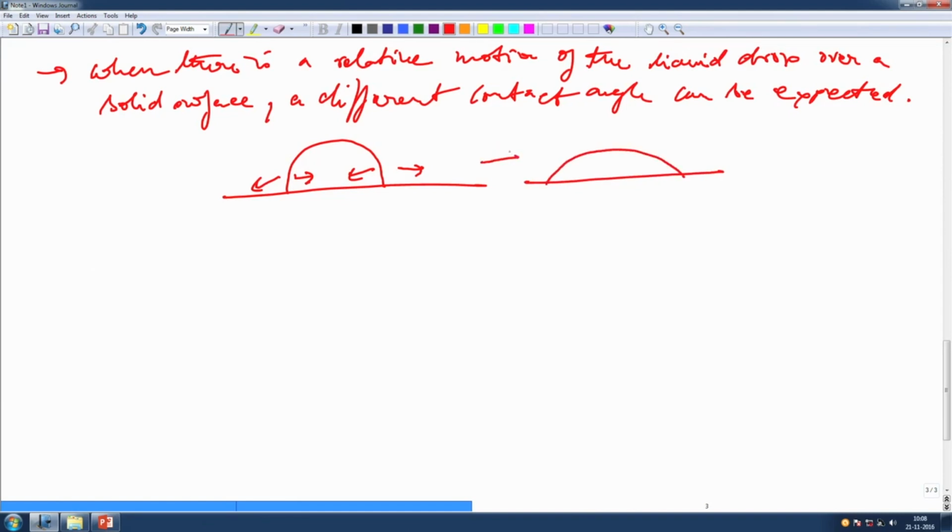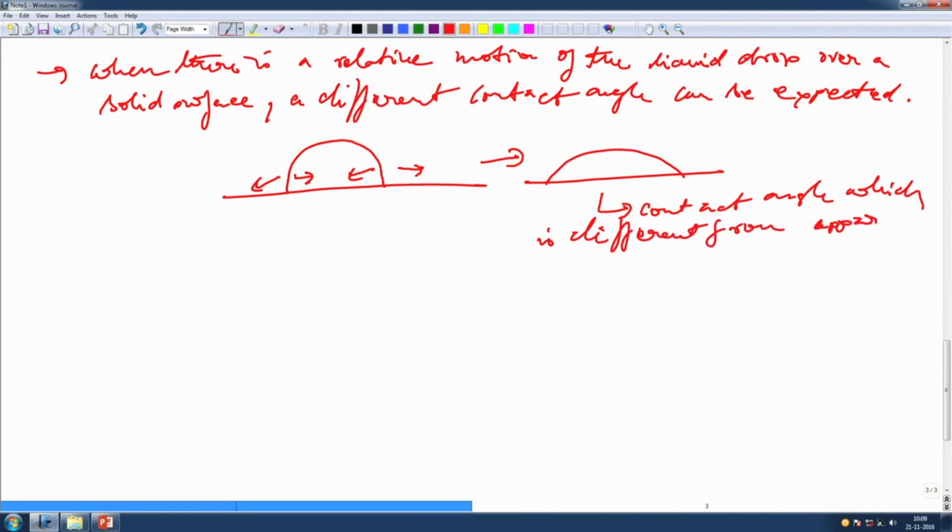So, this is the point where the relative motion has actually stopped. Here it will show an apparent contact angle, or a contact angle rather, which is different from the apparent or equilibrium contact angle.